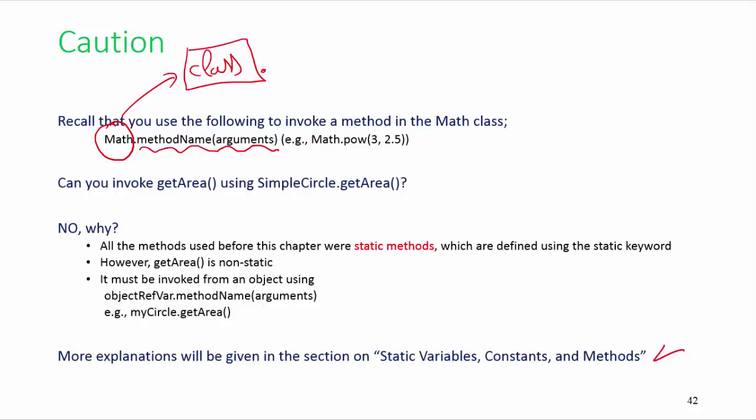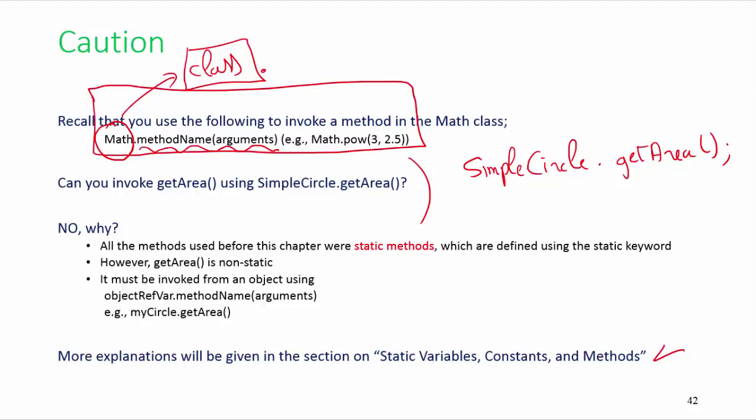So the natural question you might have is, wait a minute, does that mean that I can do something like SimpleCircle.getArea? And the answer is no. The answer is no, because Math is defined for us, so we didn't have to write the class Math.